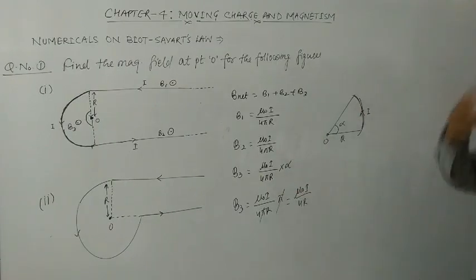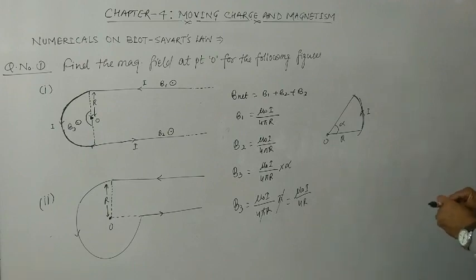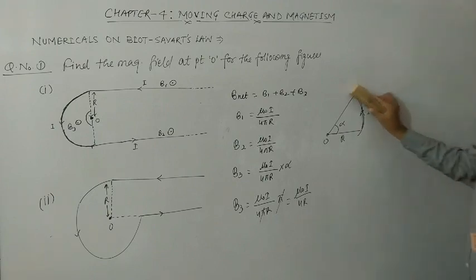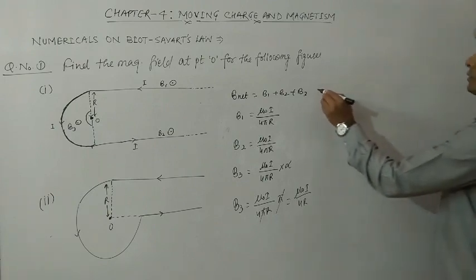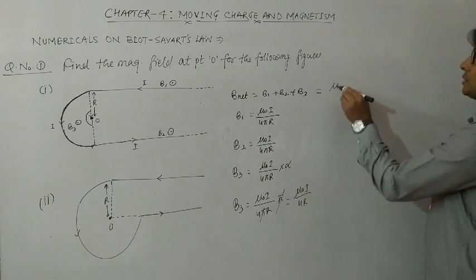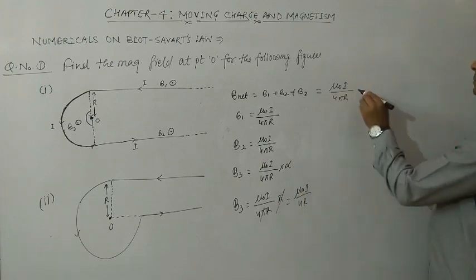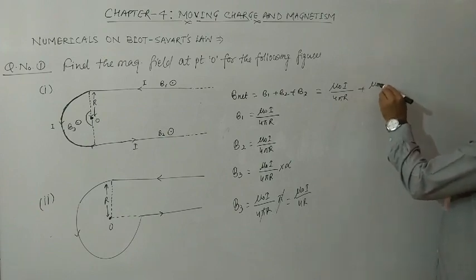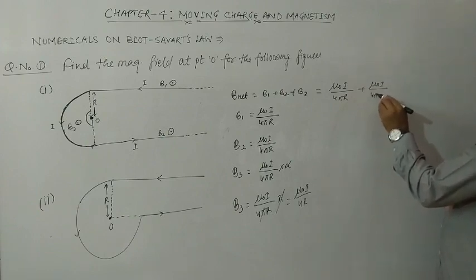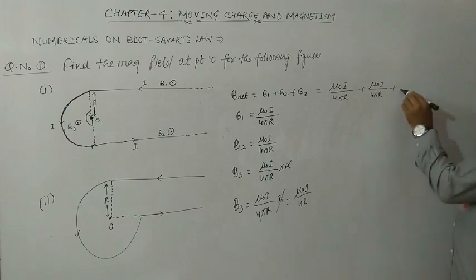Now we can put the values of B1, B2, B3 into the first equation, and we can have the value of net magnetic field at point O. So it will be mu 0 I upon 4 pi r plus mu 0 I upon 4 pi r plus mu 0 I upon 4r.